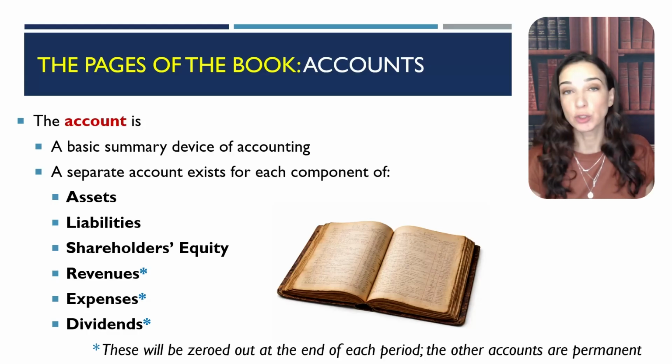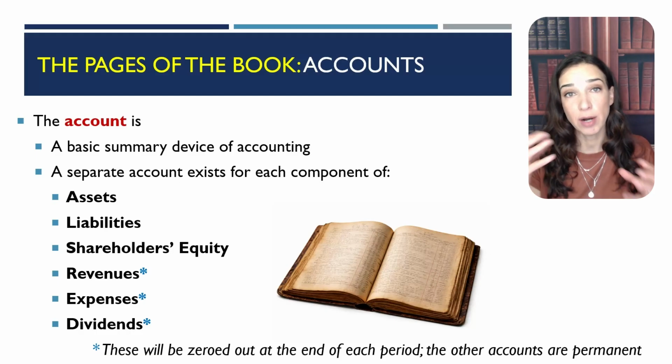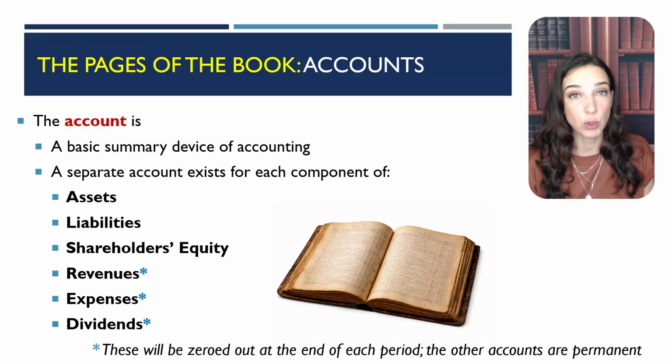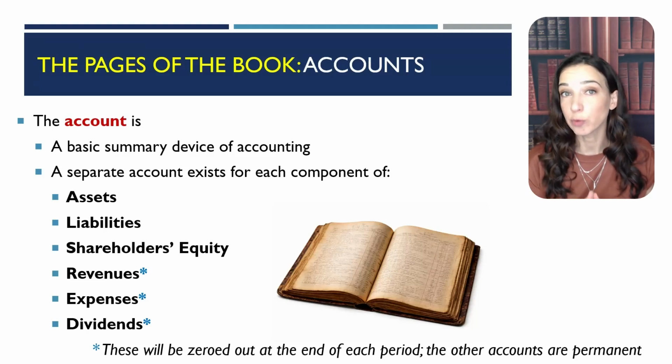So we start on January 1st with 0 sales, nothing happened yet. And then as the first sale occurs, it will appear in the page of the sales account, et cetera, et cetera. And then we get to the end of the quarter. And once everything is done for the quarter, once we use all of the information, it will get wiped out again and we'll get ready for the next quarter.